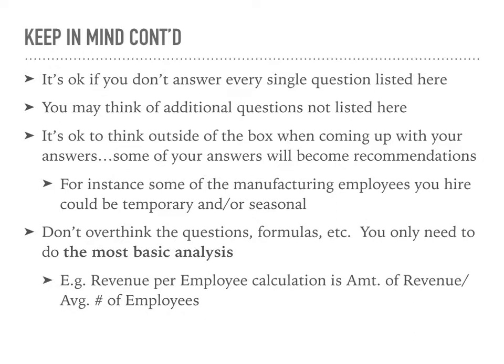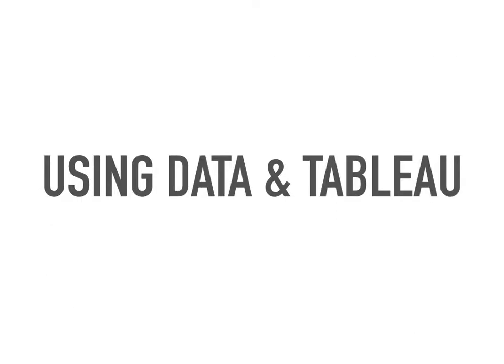Right now I'm going to switch over. I created a screencast of how to use data in Tableau to answer the one question about revenue: what is the amount of revenue per employee? So this is using data in Tableau.